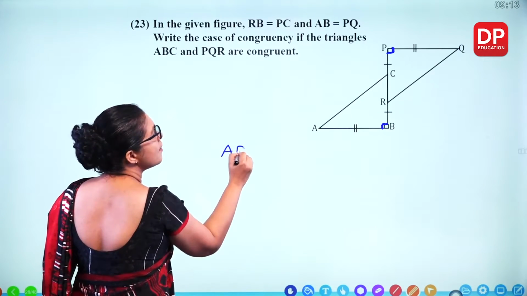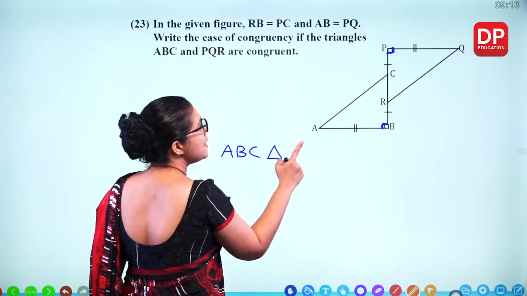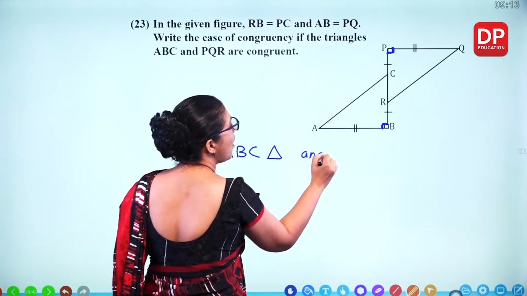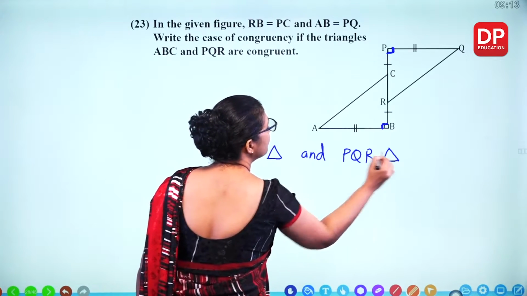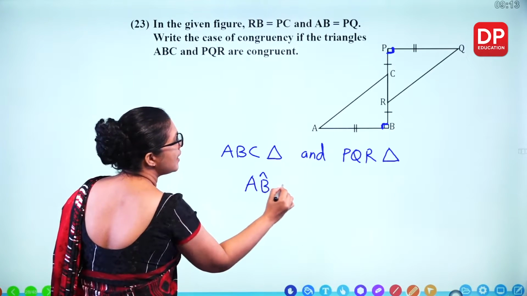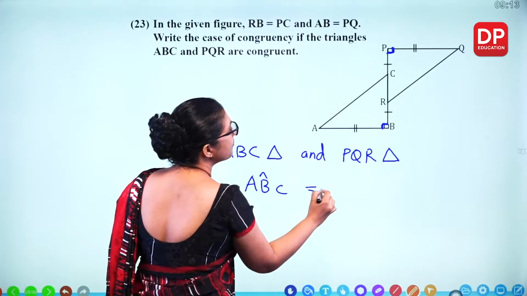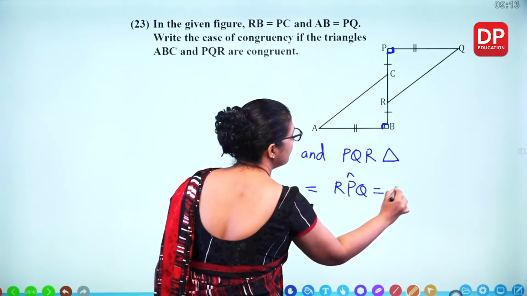One way is, here we will first take the two triangles ABC and PQR. B angle 90. Here P angle is 90. That's equal.